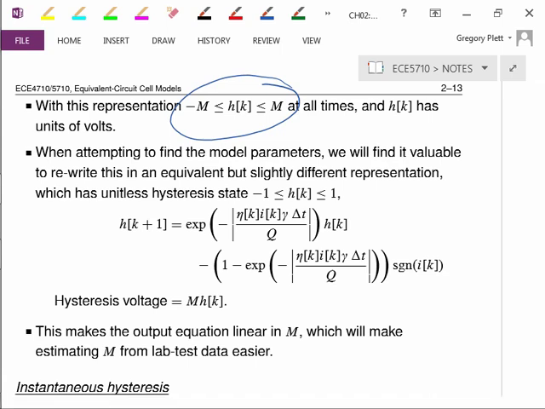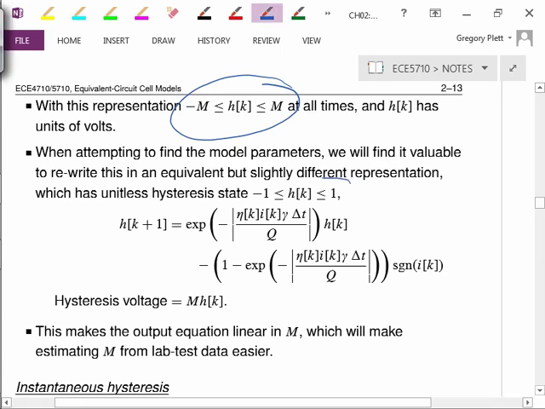Whenever we want to find the model parameter values for the final model, it actually turns out to be a little bit easier to do mathematically if we use an equivalent representation, but a somewhat reorganized representation.